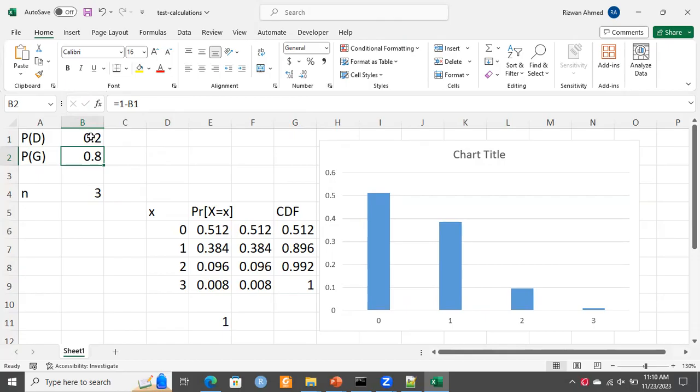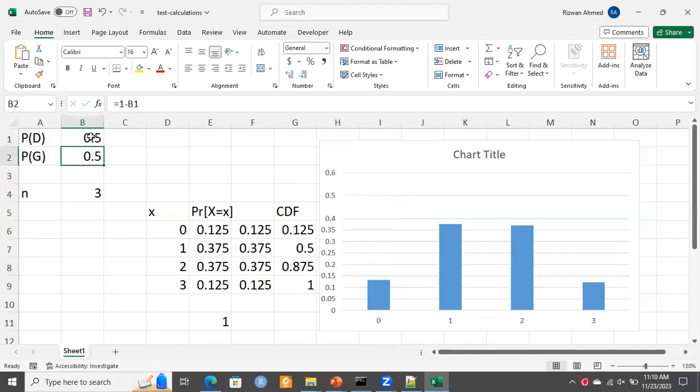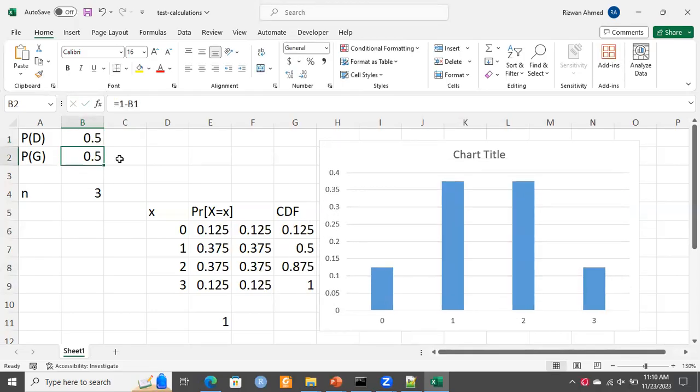Now in the same thing, if we check the problem of tossing a coin, in that case we have the probabilities 0.5. So you can see that the probabilities of the higher values tend to grow and then tend to decline. So there is going to be a symmetry in the binomial distribution if you have equal probability.